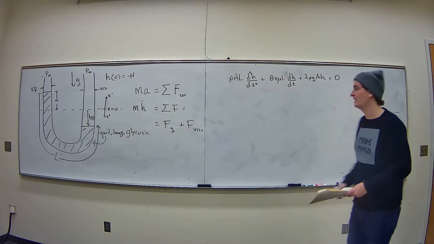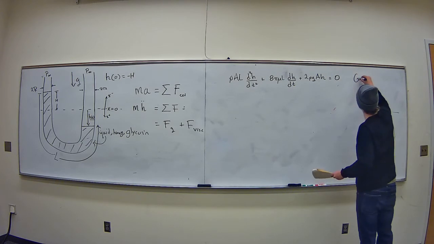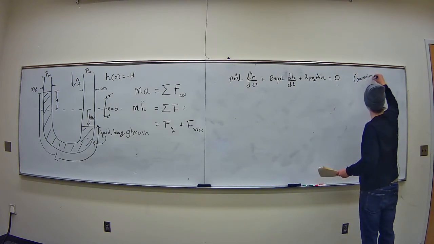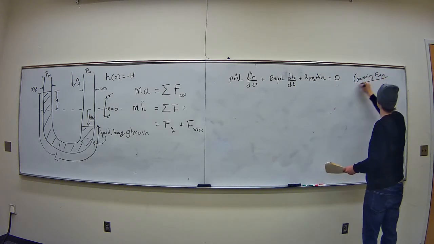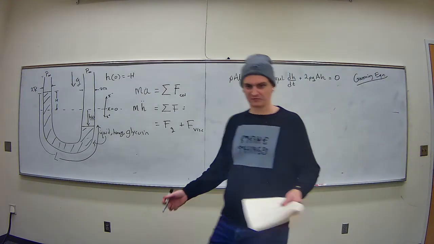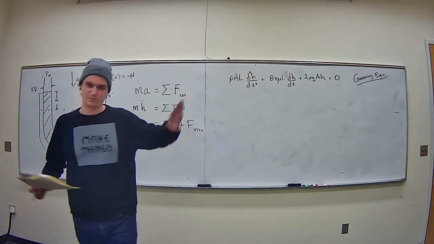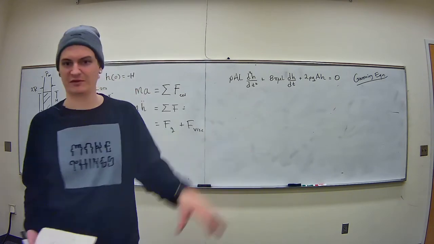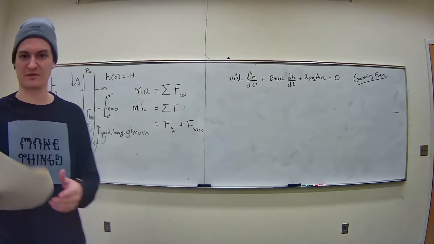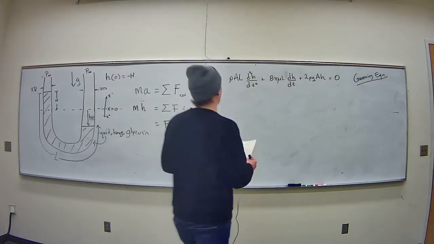Okay, that's your ODE, governing equation. That's the governing equation, and you got to it from a force balance. Navier-Stokes is just a much more specific way to get at these governing equations without having to think about the forces. But certainly starting from forces helps.